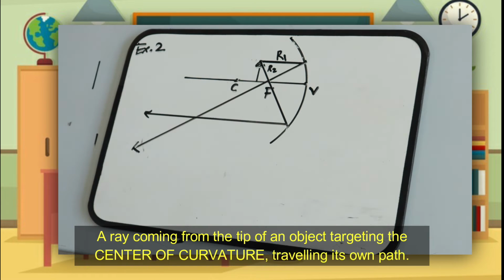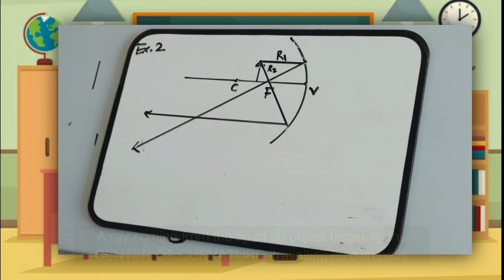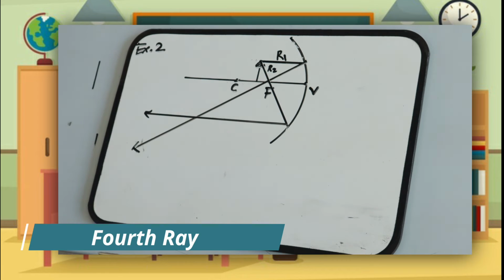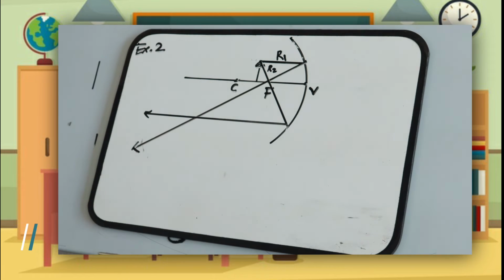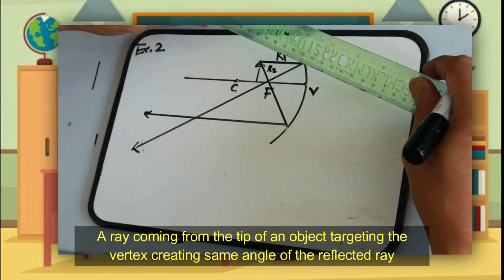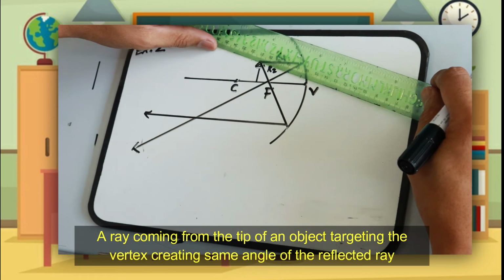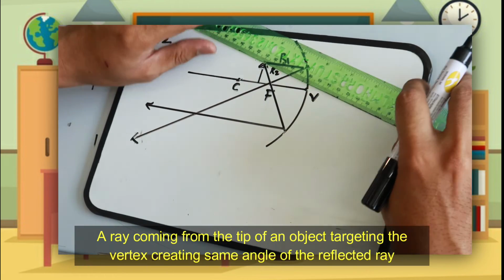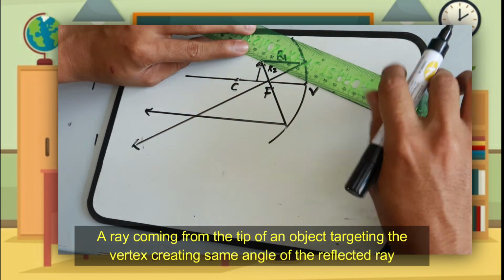So we will proceed to the fourth ray, the V ray. So what is the description of this fourth ray? A ray of light coming from the tip of an object, going to the vertex or targeting the vertex, then creating the same angle of the reflected ray.